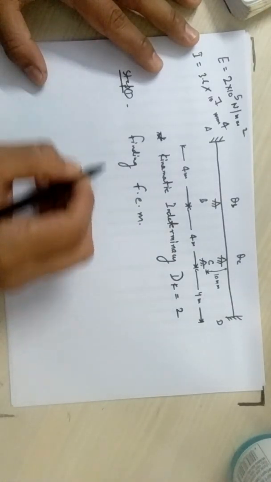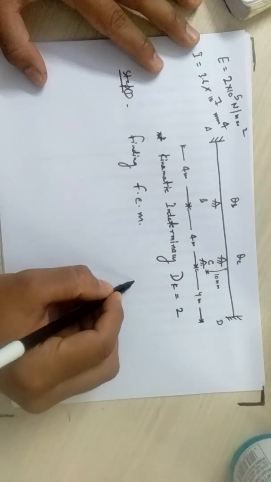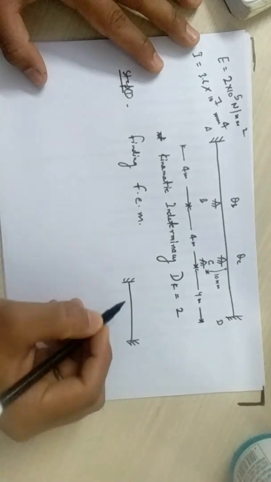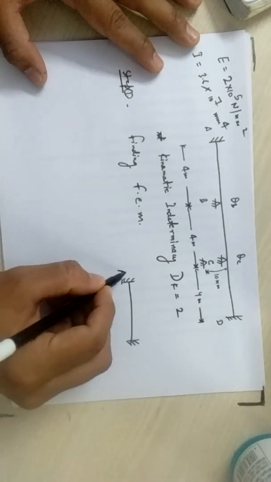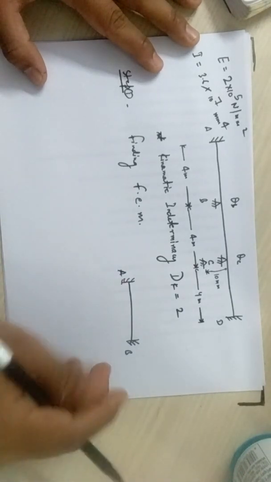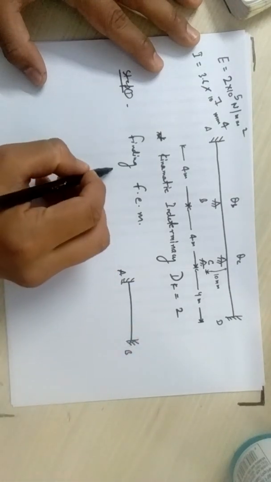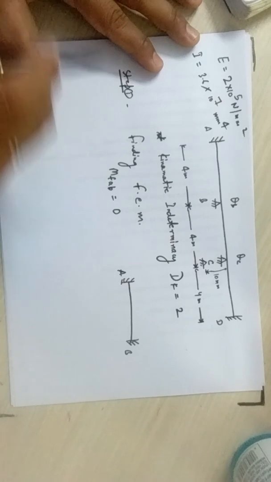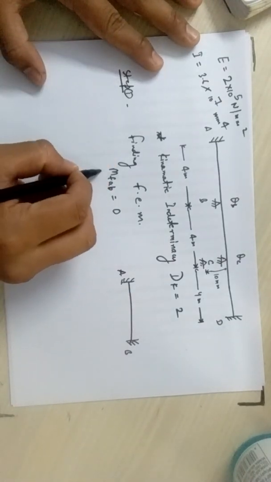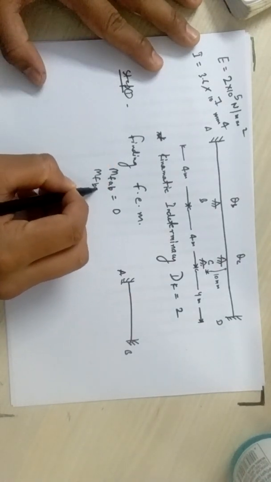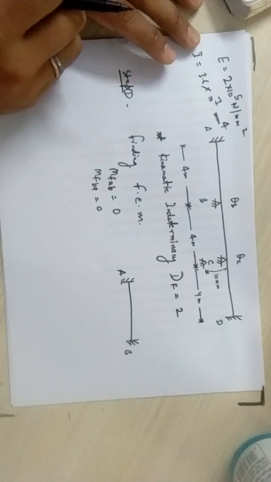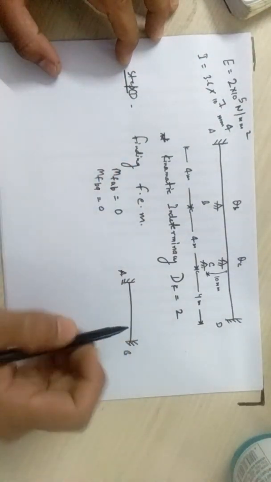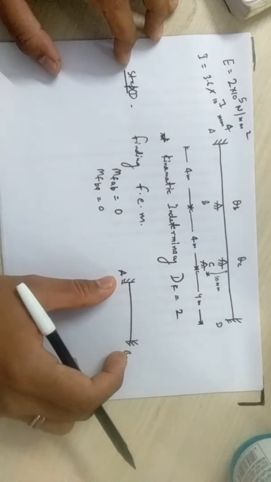For example, for span AB, this is A, this is B. For this span MF AB will be equal to 0, and MF BA will also be equal to 0. Why these are 0? Because there is no load on this span.